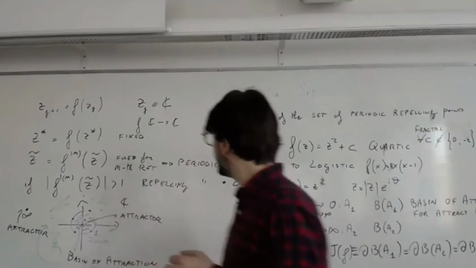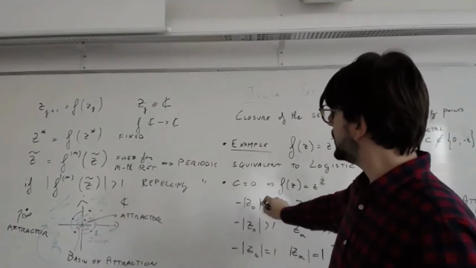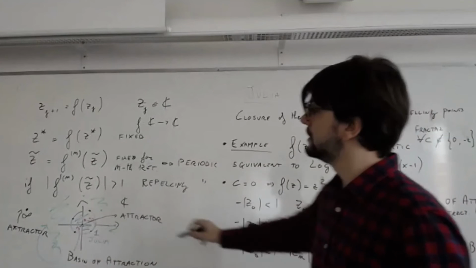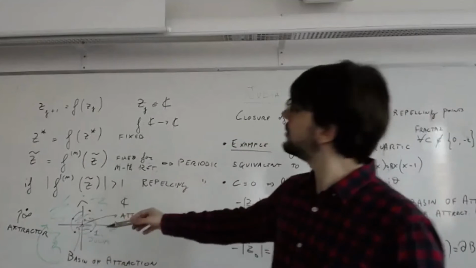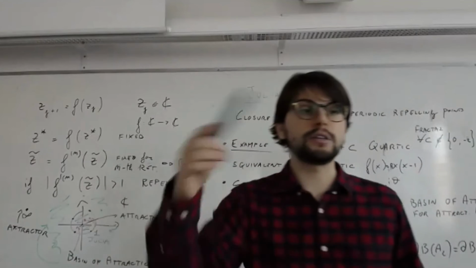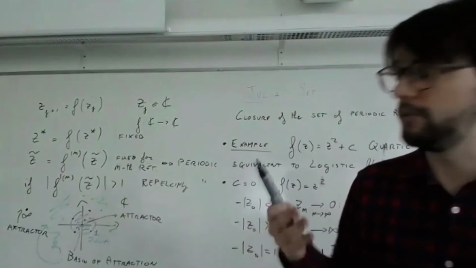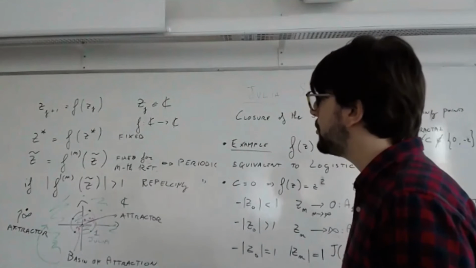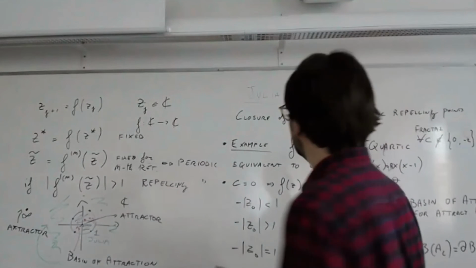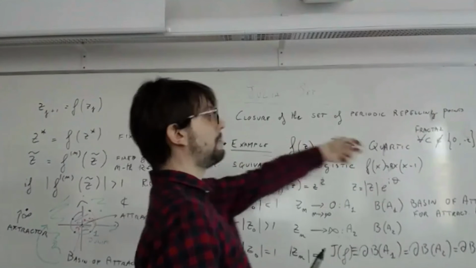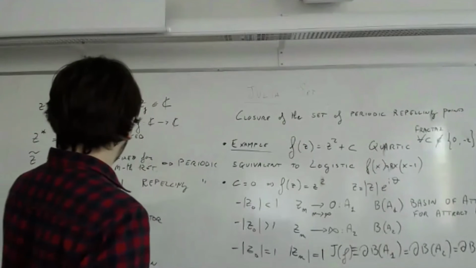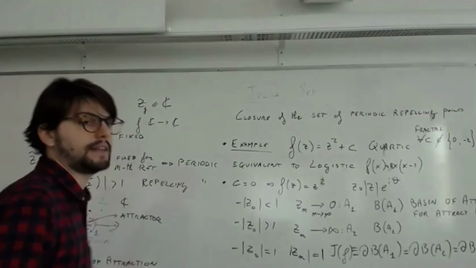And if you take some point which is on one side or the other of the boundary, then you will be forced, even infinitesimally, into one of the two attractors over an infinite amount of time. And if you have C that is different from 0 or -2, this has a very strange shape.